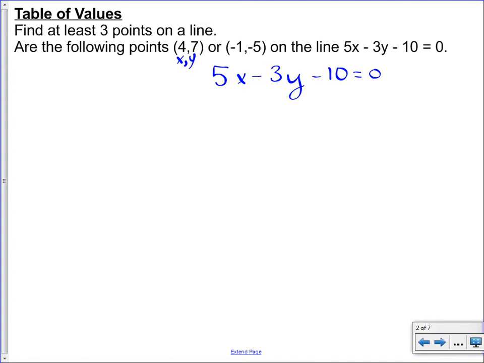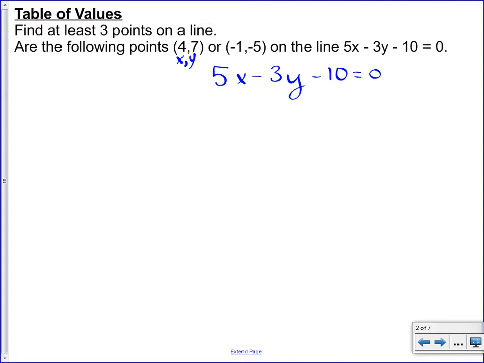Y. So if I were to substitute this x and y into this equation, what should it equal? I'll give you a hint. It's right in this line. 0. It should equal 0. If it's on the line, you'll have a left side equals right side balance.